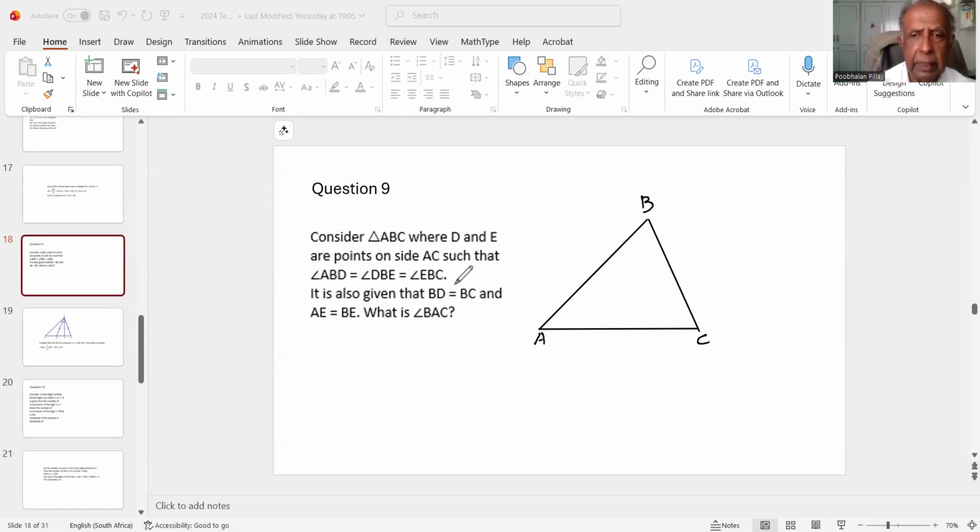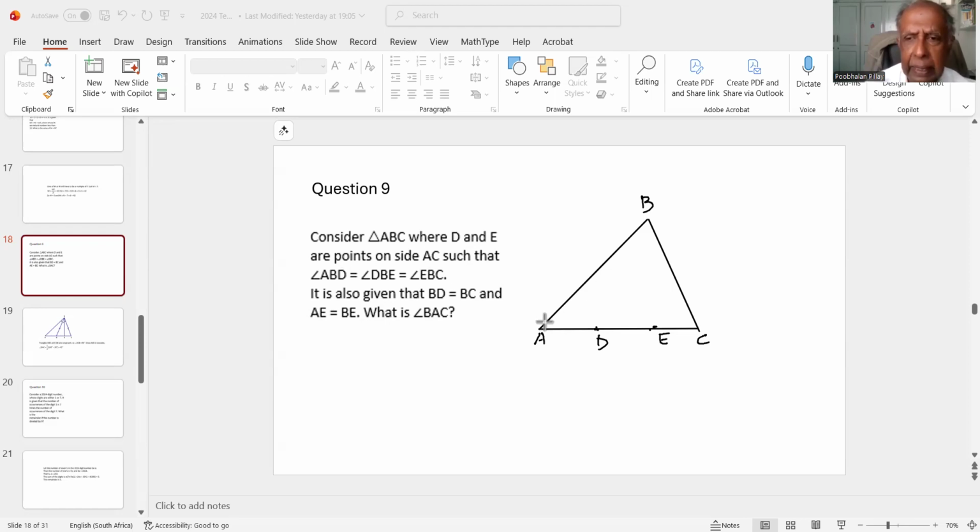So you've got D and E as points on this, such that angle, these three angles are, you've got A, D, and E. How are these points chosen?